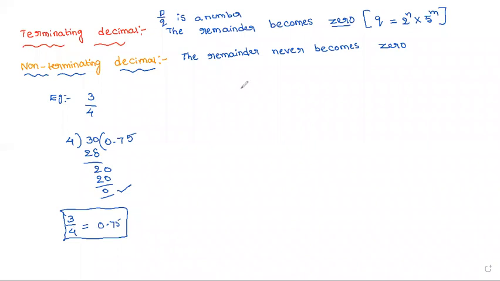Okay, next, otherwise 7 by 3. So 3 is not divisible by 2 or 5. 2 or 5 does not divide it. So 7, 3 2s are 6, remainder is 1, taking 0. 3 3s are 9, remainder is 1.